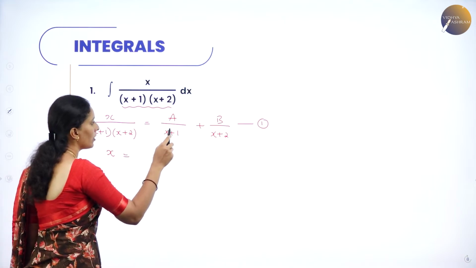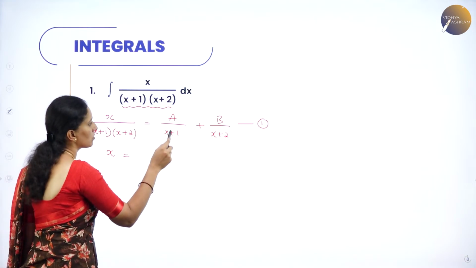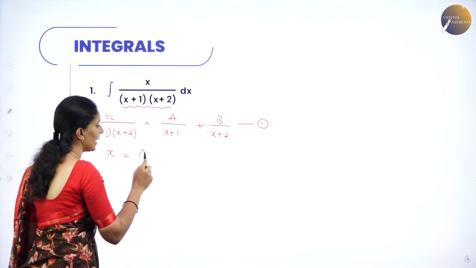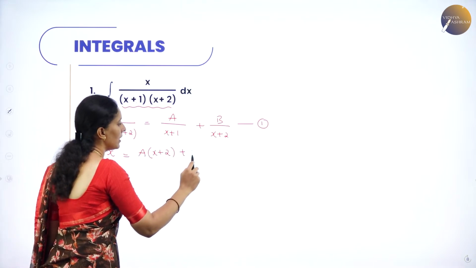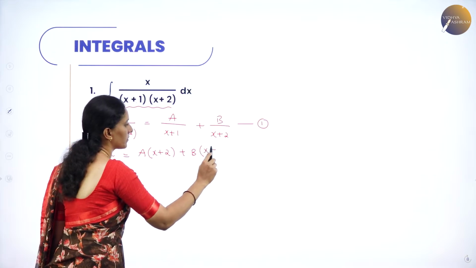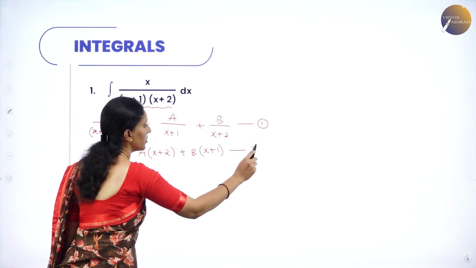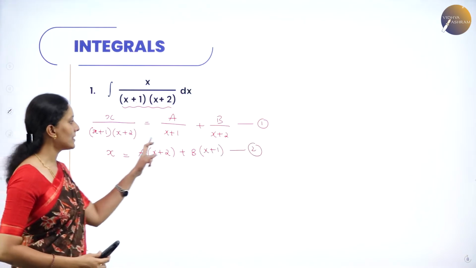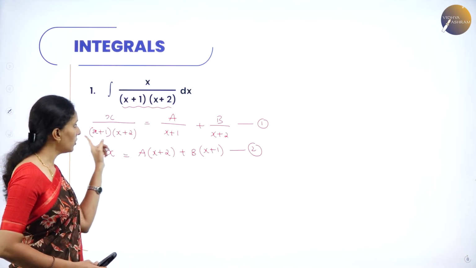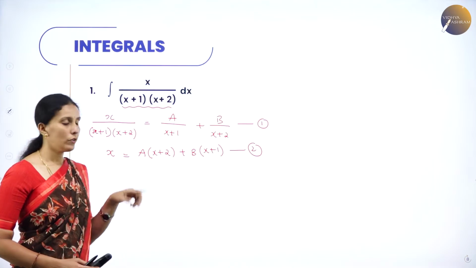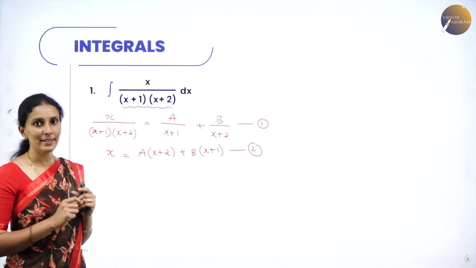Here when you multiply, x plus 1 cancels. You will get a into (x plus 2) plus b into (x plus 1). So this is the equation you will get when you take the LCM on both sides, or multiply the denominator throughout the equation. We will call this equation 2.